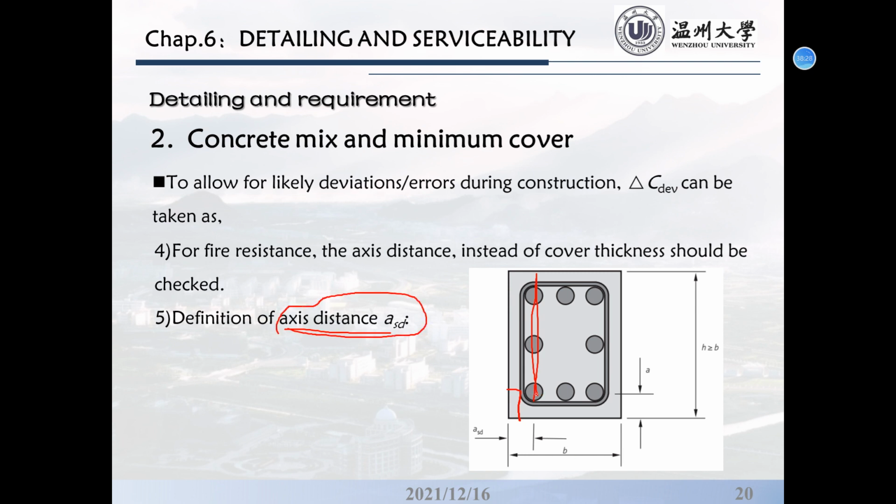This means the steel bars, not including the stirrups, only the reinforcement, from the center to the surface. This is the axial distance, and this is the b, right? b.